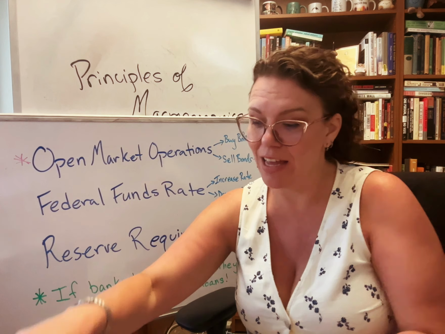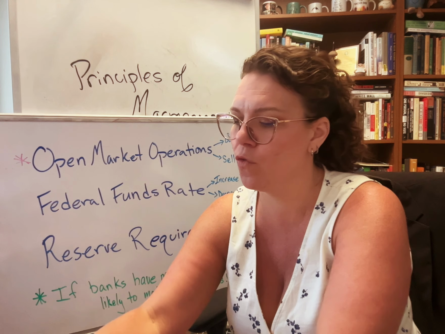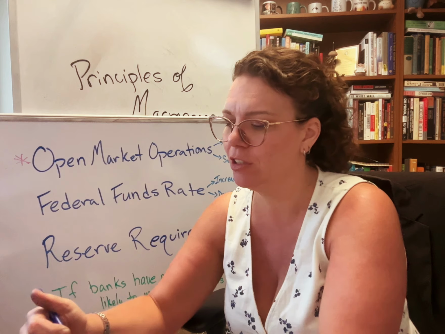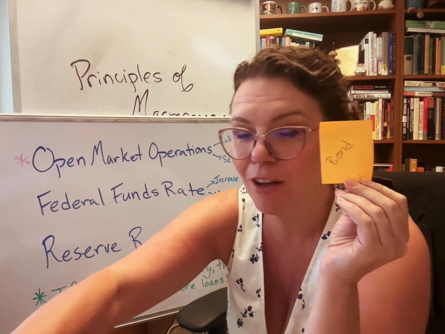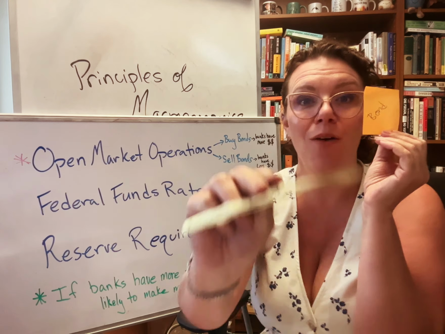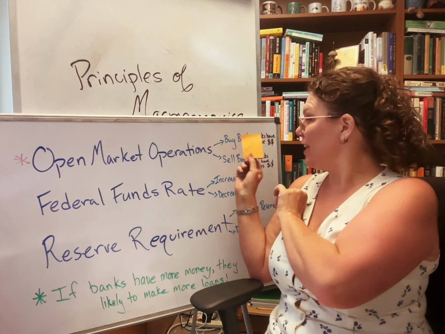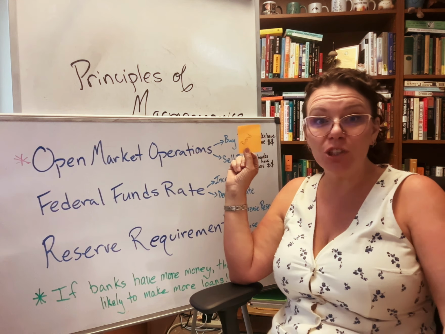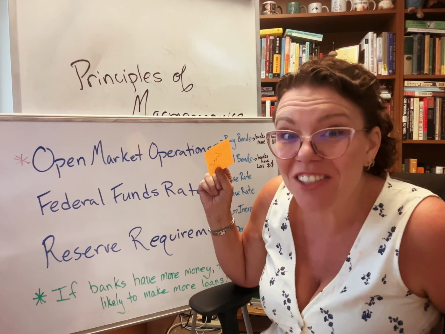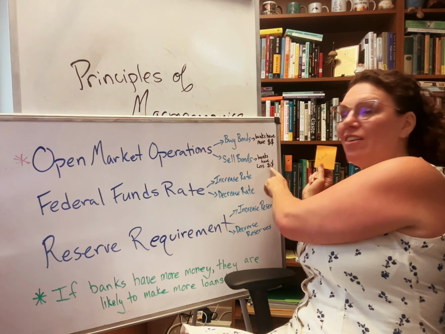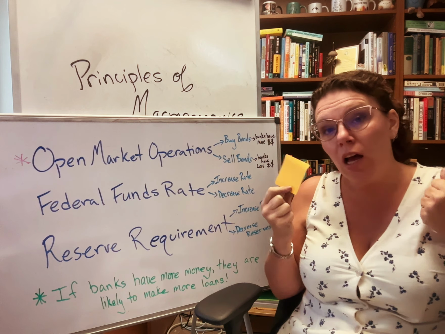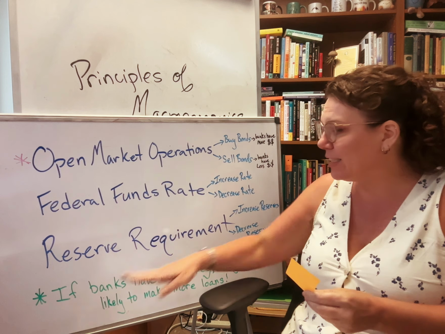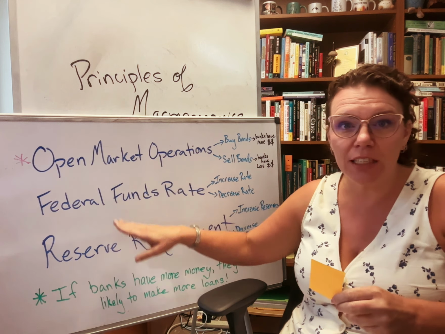If instead, let me make this very quickly, very official, the Federal Reserve sells me a bond for my $20. Now, I don't have those $20. I still have this $20 value in reserve. I'm going to earn interest on it too. But I don't have cash that I can make a loan with. And so it's a restriction of the money supply. And that's the big idea here with all of these tools.